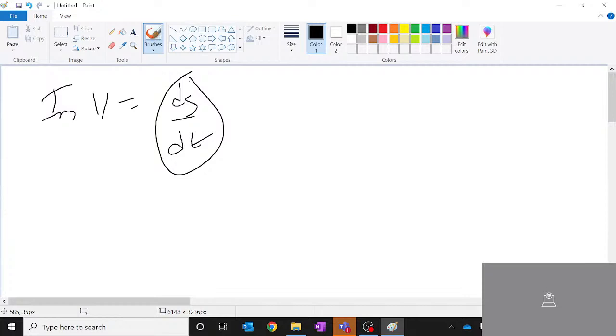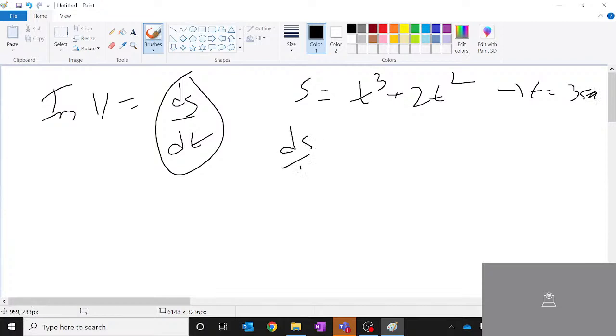Now in all the equations, for example, if s is t cube plus 2t square, and you're asked to find the instantaneous velocity when t is 3 seconds, all I have to do is ds by dt, which is the differential of t cube plus 2t square.